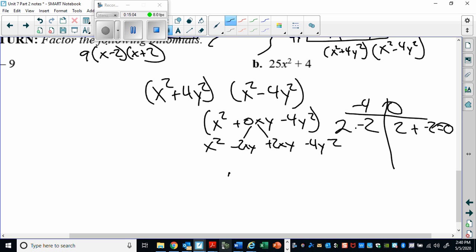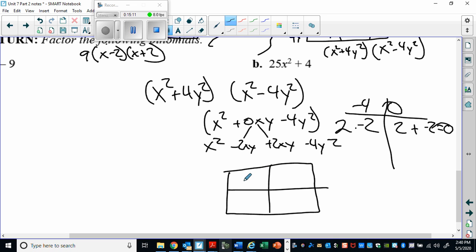Now we get to break it down one more time. We have x squared here, negative 2xy, 2xy, and negative 4y squared. Now we're going to GCF it one more time. Take out the x here, the x there, y here, y there. Also, we can take out a 2, so that's going to be 2y.